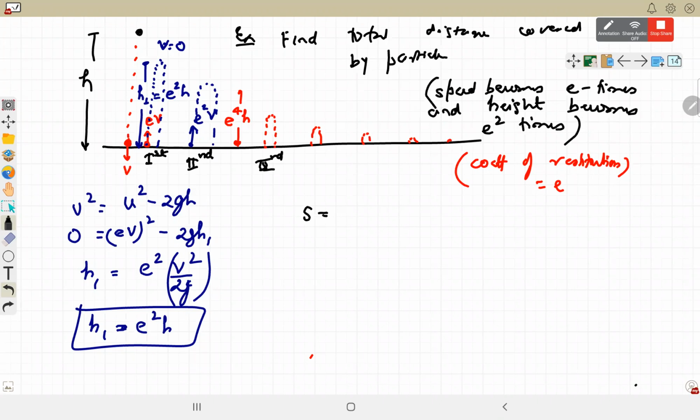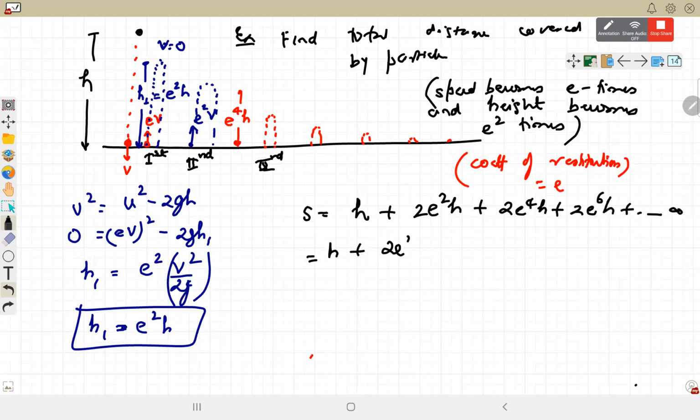So the total distance covered in this whole path: the first time it fell a distance h, the second time it goes up e square h and comes down e square h, so 2 times e square h, plus 2 times e to the power 4 h, plus 2 times e to the power 6 h, till infinity. Then take 2 e square h common: 1 plus e square plus e to the power 4 plus e to the power 6 till infinity.